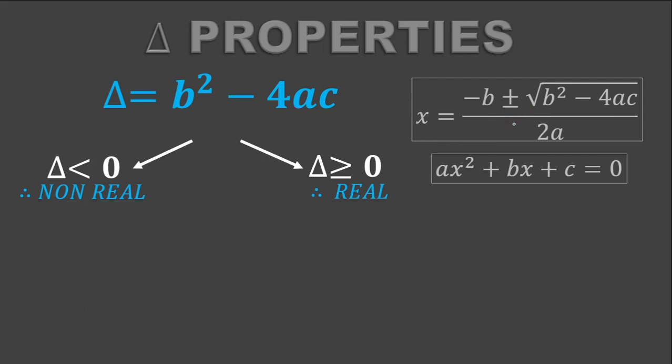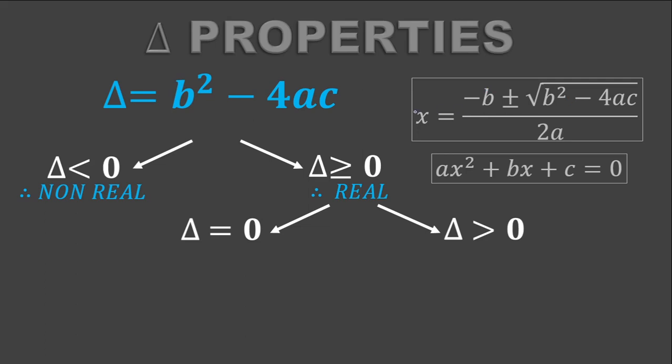Then we can further divide it into the discriminant being either equal to 0 or greater than 0. When the discriminant is equal to 0, it means that there won't be a plus or minus option here. This will fall away, which means that whereas a quadratic equation normally always has two solutions, both the solutions will be the same answer, because there won't be one with a plus and one with a minus.